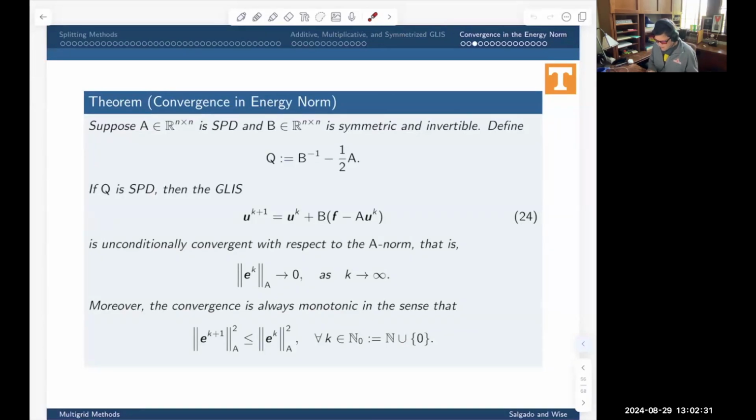If you have the coefficient matrix being SPD and the iterator matrix is symmetric and invertible, and we define this matrix Q, which is B inverse minus 1/2 A, we find that Q is SPD, then the general linear iterative scheme given by this iterator matrix B is unconditionally convergent with respect to the A norm. So that's what we proved last time. I won't go through that again.